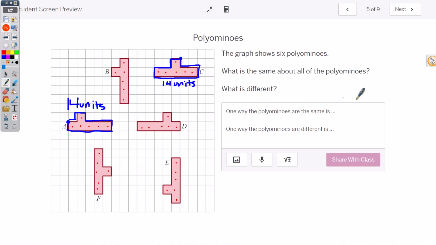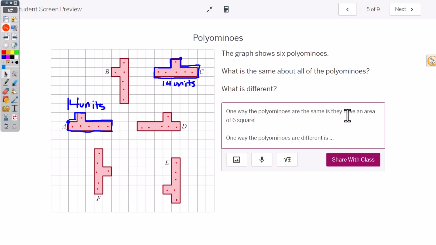So is that enough to say that they're the same? Well, no. One way they're the same is they have an area of 6 square units and perimeter of 14 units.